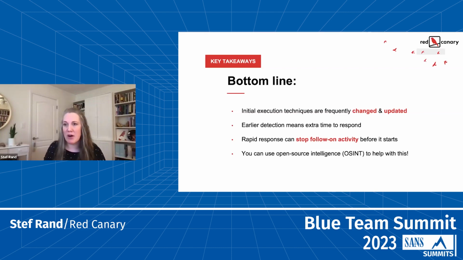And that rapid response can, in some cases, completely stop or mitigate those follow-on payloads, that follow-on activity, before it even begins on your system. And open source intelligence is hugely helpful for this because we do have a wonderful security community that does share a lot of information with each other.